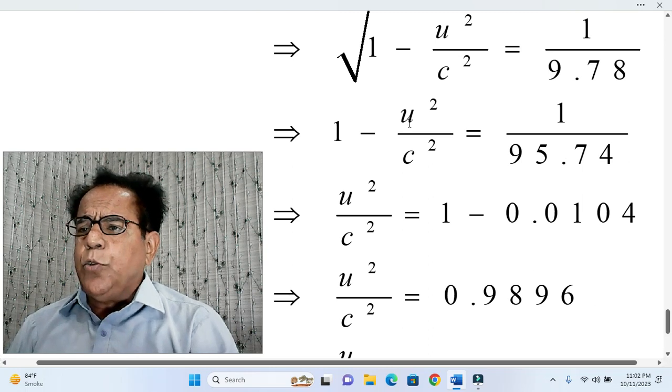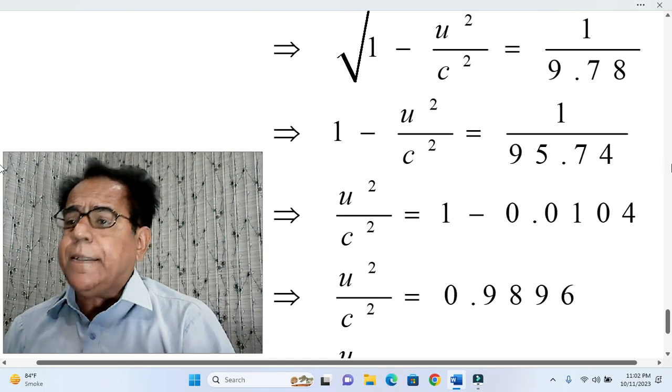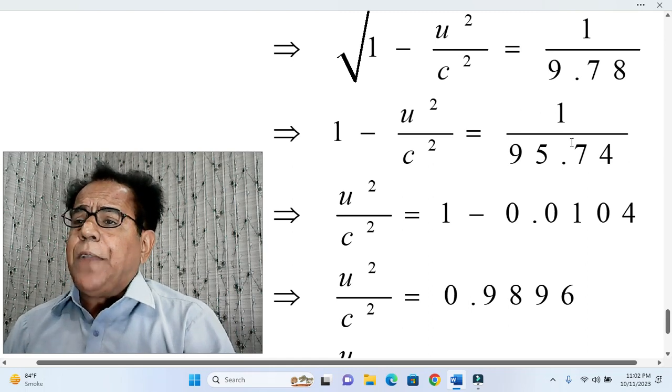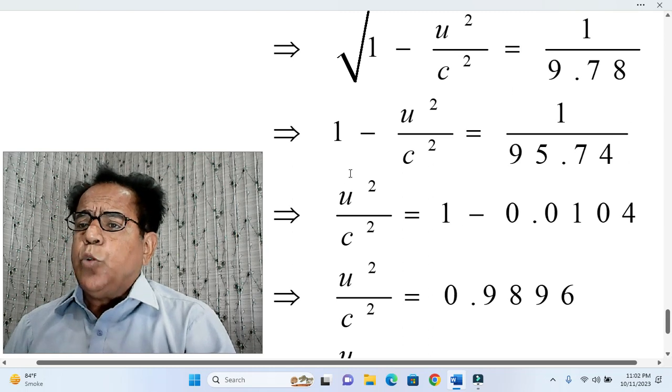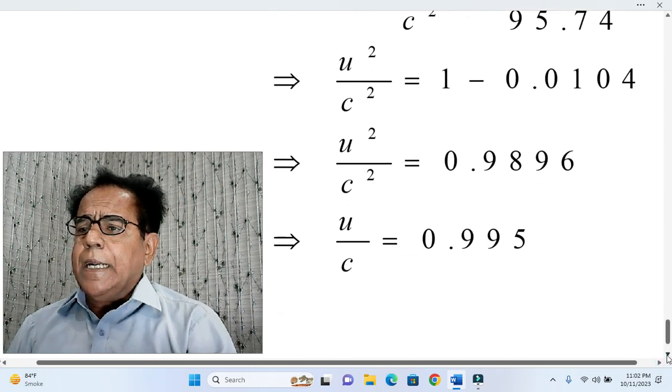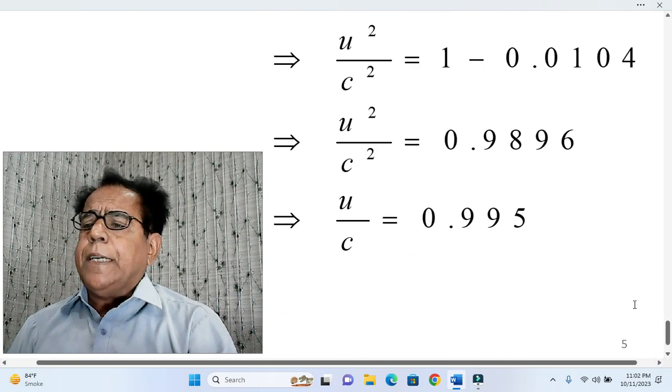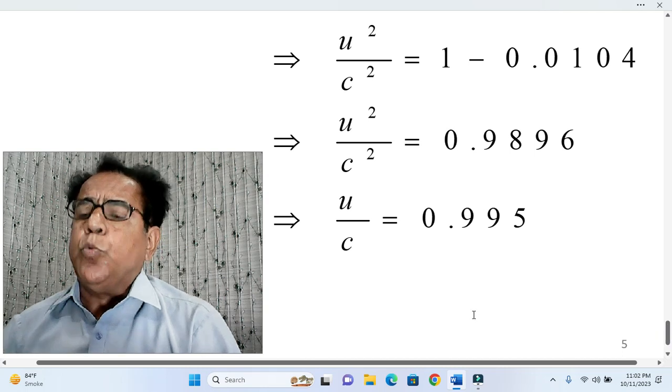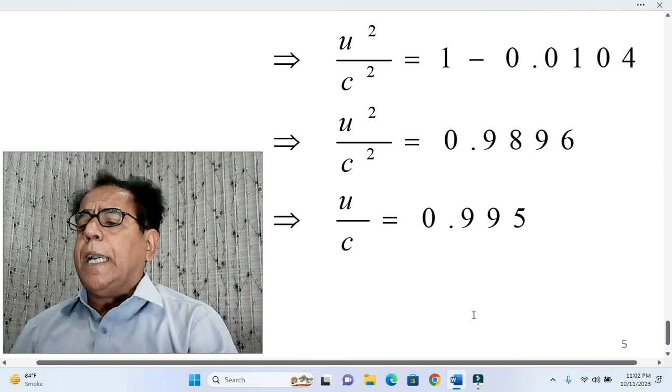Hence we shift u squared over c squared to the other side of the equality, and this factor is shifted to the other side and becomes minus. So u squared over c squared becomes 1 minus this. Now we take the square root on both sides, and hence our speed parameter u over c becomes equal to 0.995.